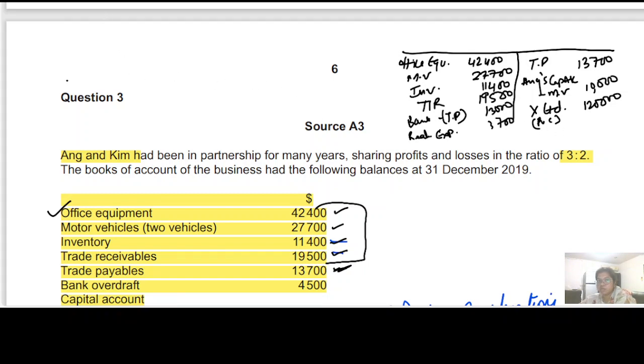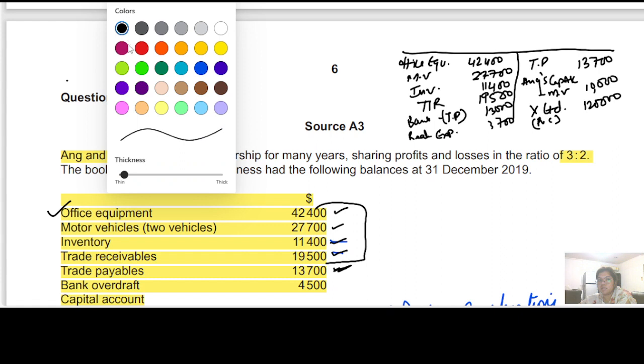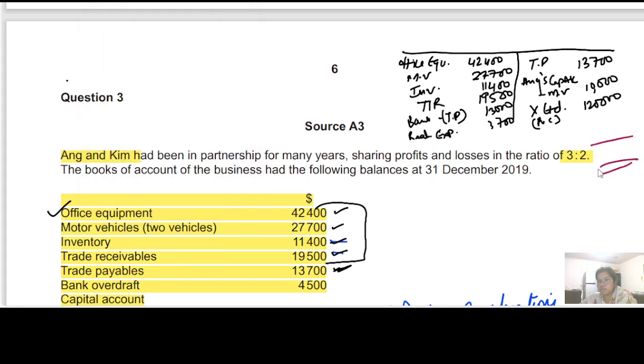Now what you are supposed to do is add both sides, debit as well as credit. The total of the credit side is 143,700, and we have to write 143,700 on this side also.